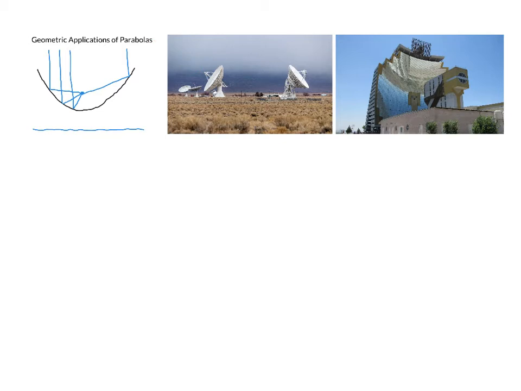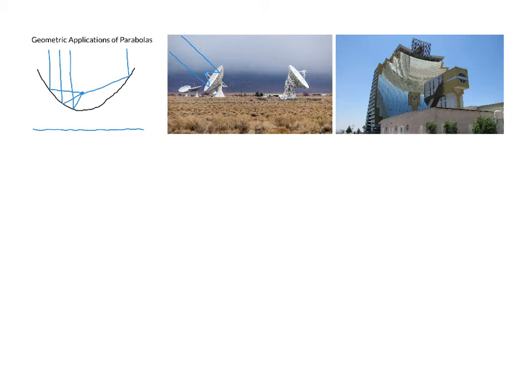And what happens is the satellite sends signals directly at the satellite dish on Earth. Those signals hit the dish and get reflected to the receiver, which is located at the focus of that parabola. Actually, because it's a three-dimensional version of a parabola, we call that shape a paraboloid. But that's for calculus. That's a little bit more advanced.